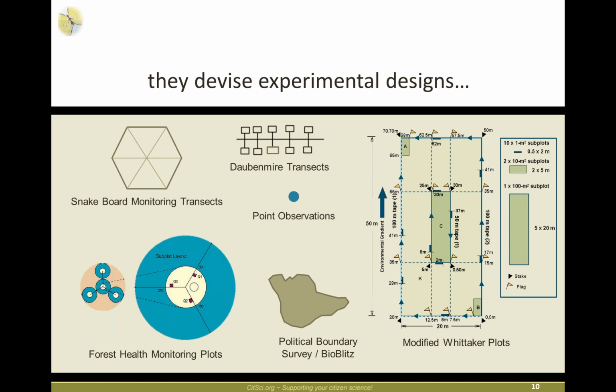So for example, in this modified Whittaker plot, what we tend to do as plant ecologists is we've chosen this design for a very, very targeted reason, and that might be to measure the number of plants found in each of the blue quadrats along the perimeter of this plot, and those are 1 square meter, and so we can say on average we encountered 10 plants in that plot.